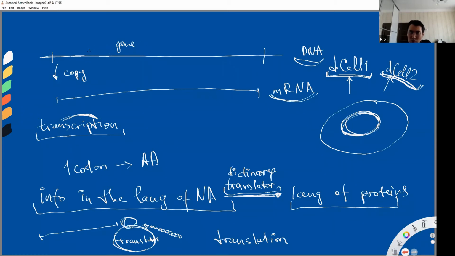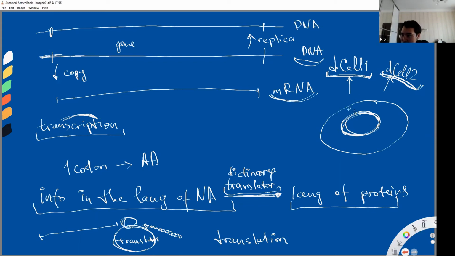So instead of one DNA molecule, you will have two identical ones. You made a copy of it, and this is called replication. So you make a replica of the initial DNA. It's also DNA, and when the time comes, a special process divides the genetic information and then divides the cell itself.